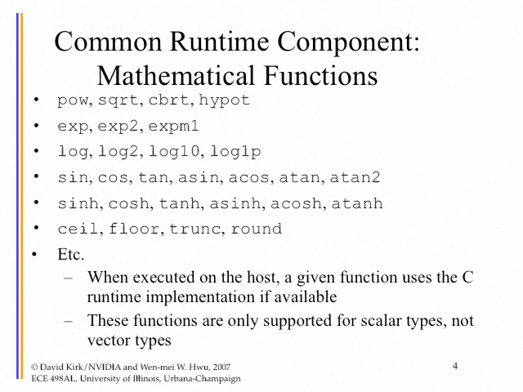There are a few things you will find very useful: power, square root, exponentials, logs, sine, cosine, ceiling, floor, and so on. What happens with these mathematical functions is that whenever you're executing on a host, a given function uses the C runtime implementation on the host.